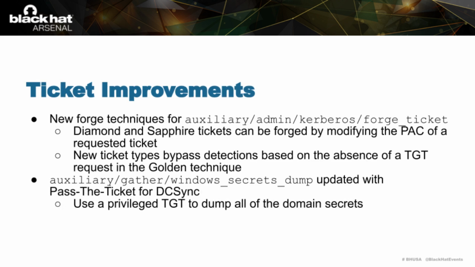In addition to that, we had the ability to forge tickets in Metasploit 6.3, but we have improved upon that by adding a couple of new techniques. Originally, we only had the ability to forge golden and silver tickets. We have since added the ability to forge diamond and sapphire tickets.